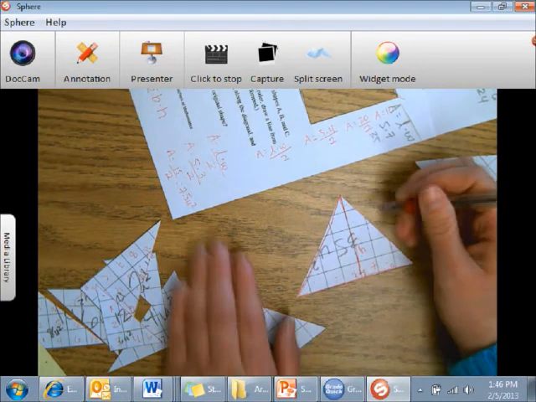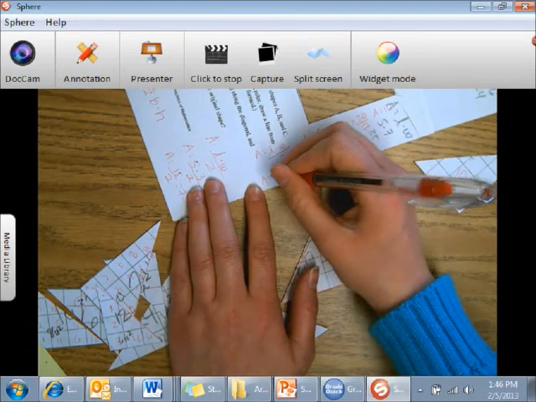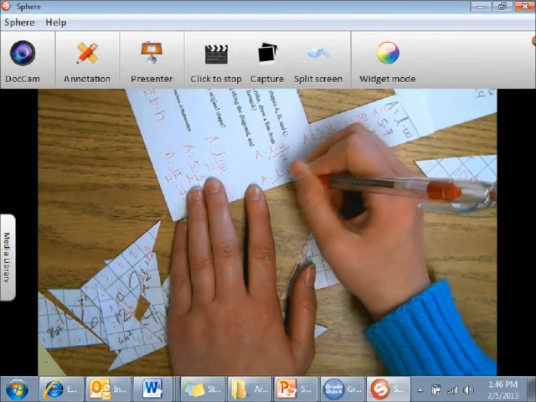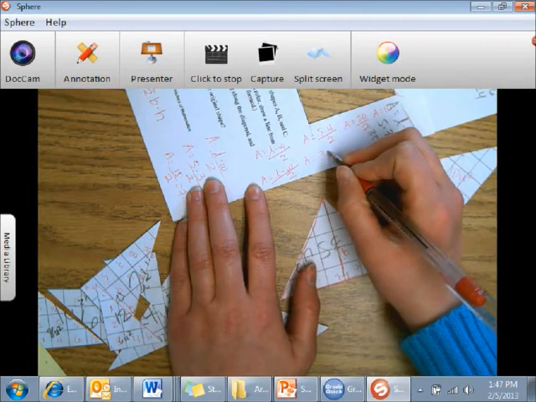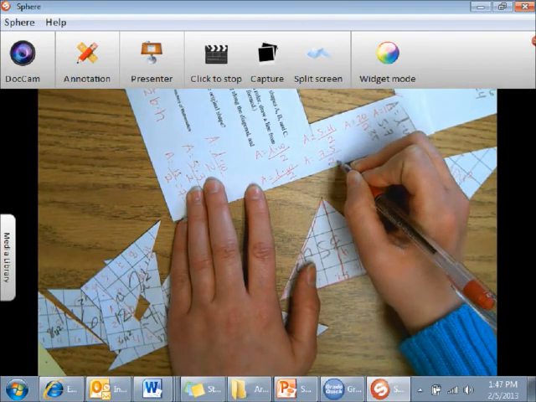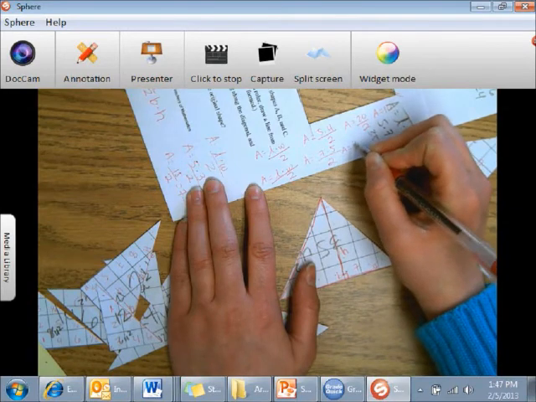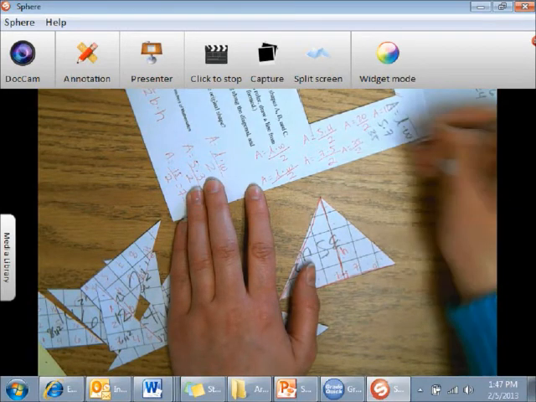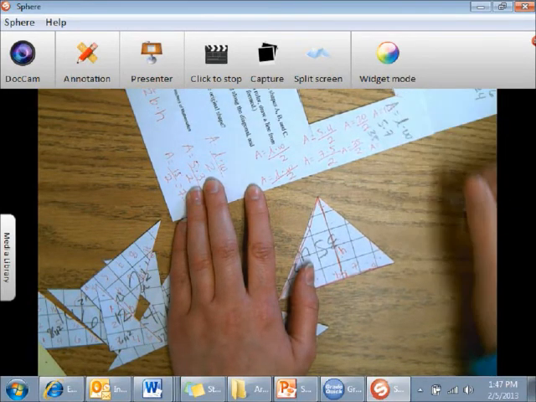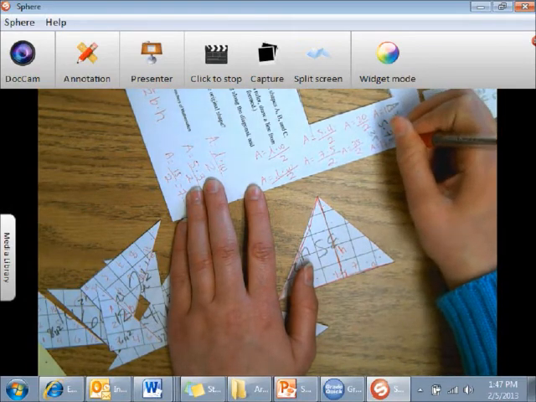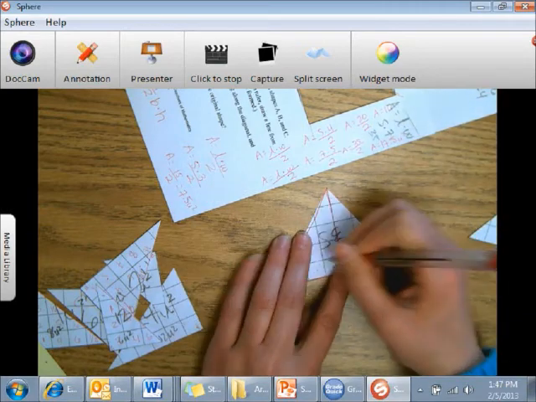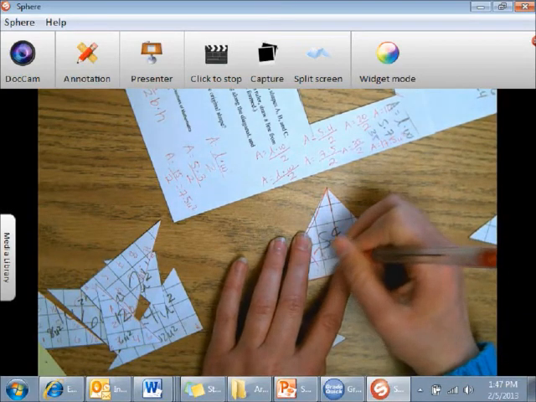Okay? So area equals length times width divided by 2, because remember it's a triangle. So the area would be 7 times 5 divided by 2. Area would be 35 divided by 2. So the area would have to be, who knows the math, 17.5 units squared. This whole thing should be 17.5 units squared.